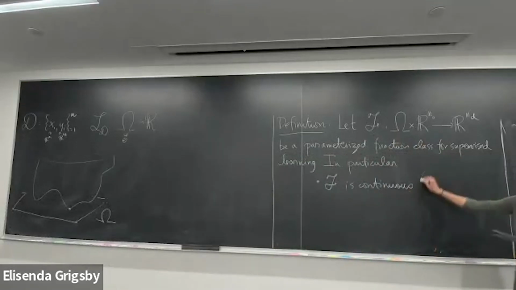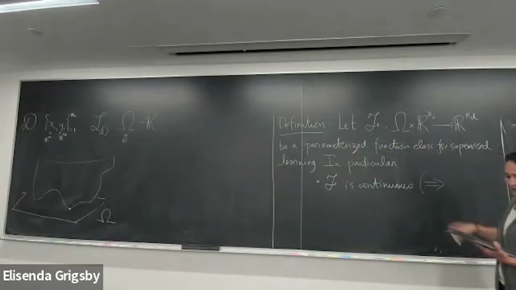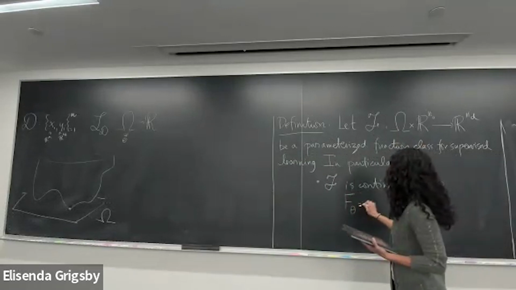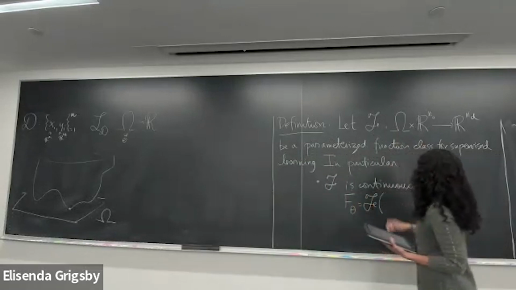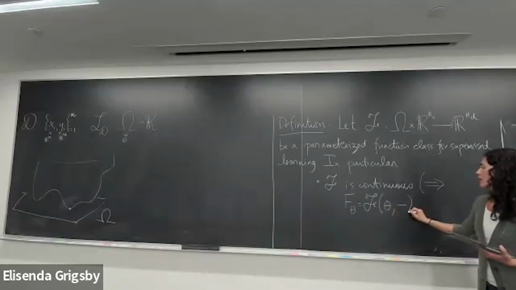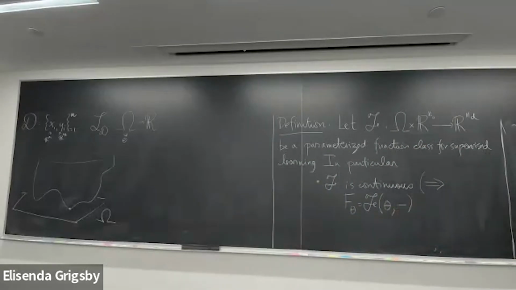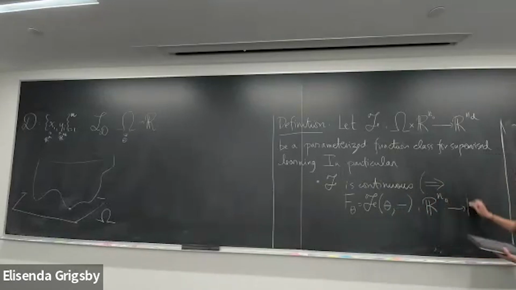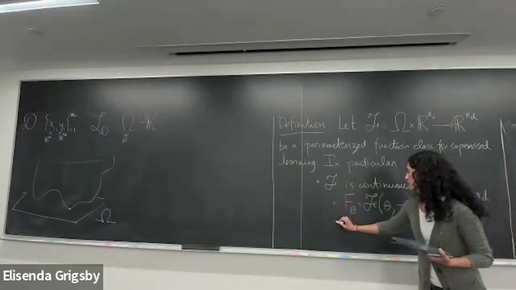And by the way, that will automatically imply that F_theta, which is what you get when you plug in a particular parameter and leave the entry for the input open, so now it becomes a map from R^{n_0} to R^{n_d}, is also continuous.